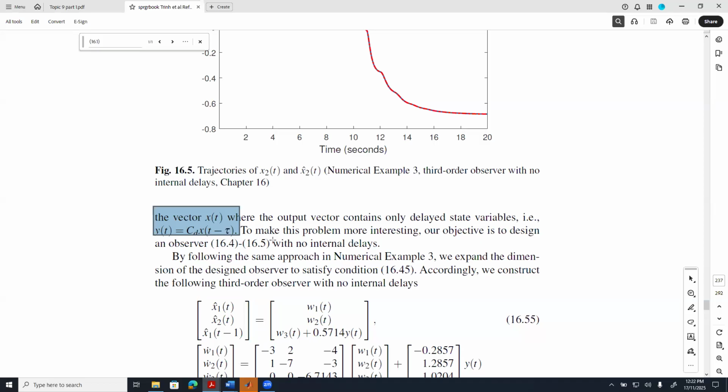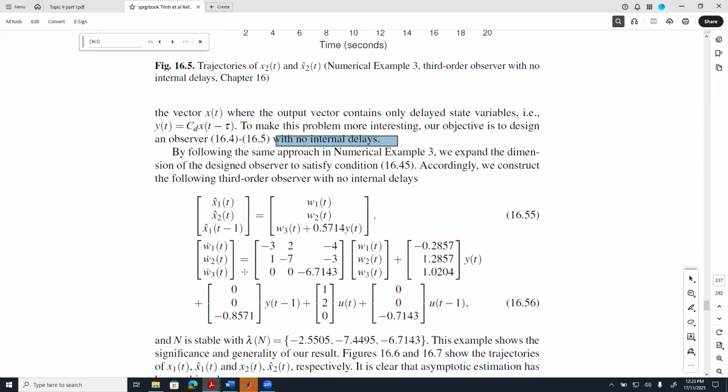To make it more interesting, we want to design an observer to estimate this stack vector using this delay output measurement, and we want an observer with no internal delays. That would make it even better because the stability of the time delay error system can then be stable independent of delay.